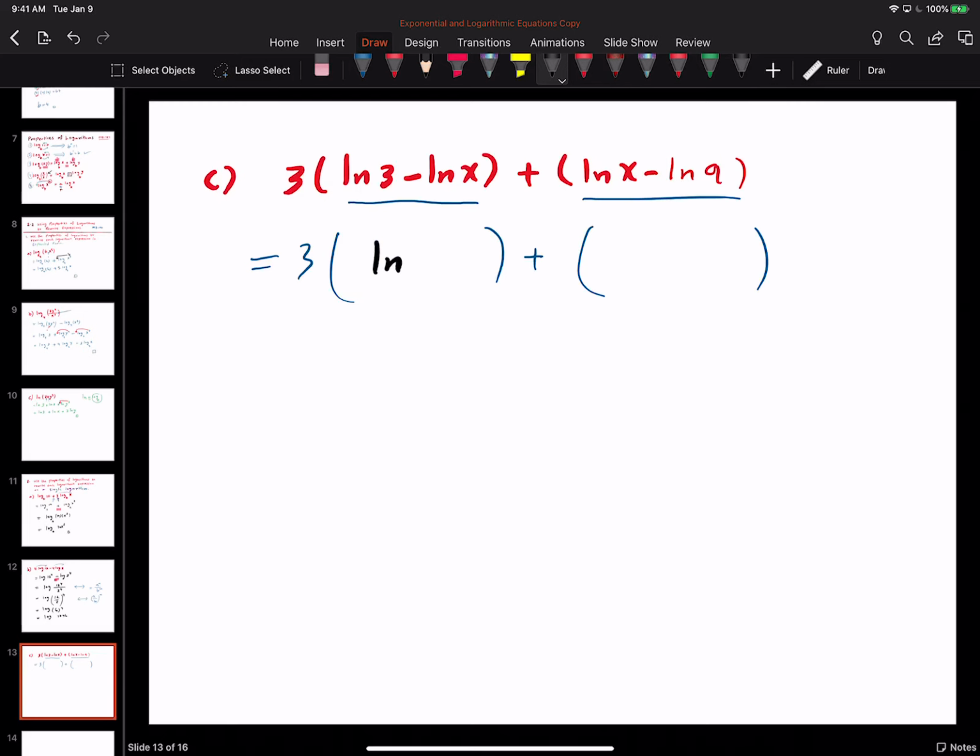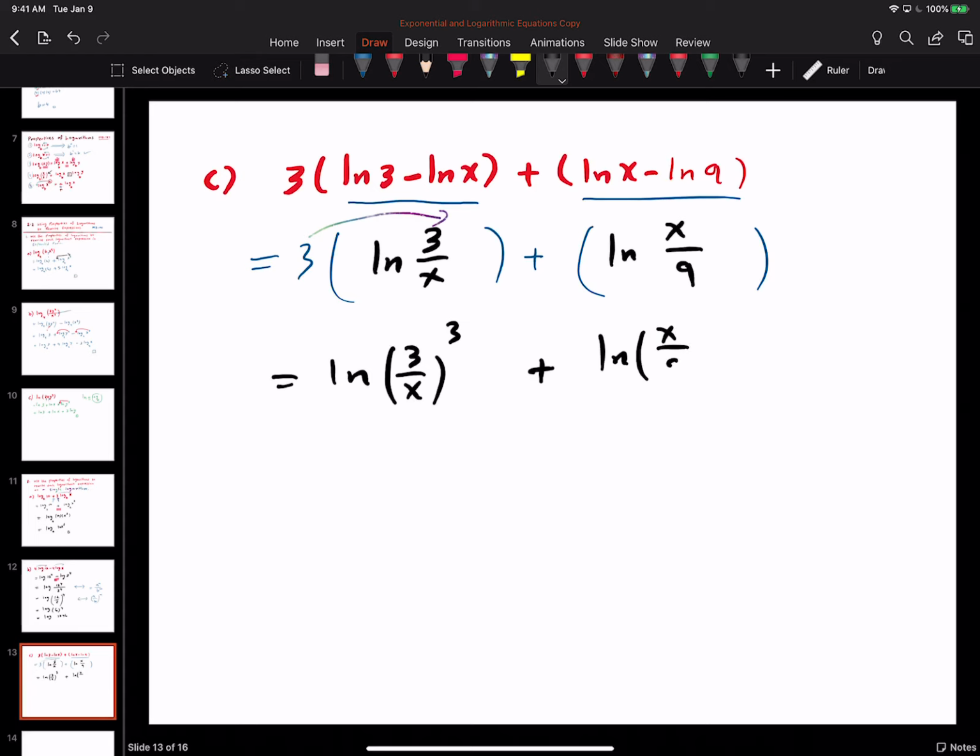This is ln 3 over x, and this is ln x over 9. Let's take the 3 back in, this 3 as an exponent. So this becomes ln 3 over x to the power 3 plus ln x over 9.